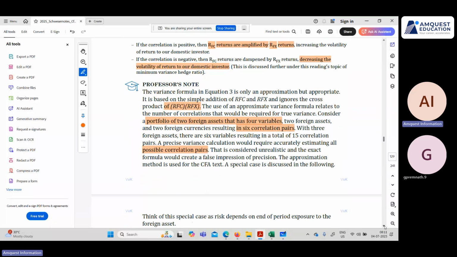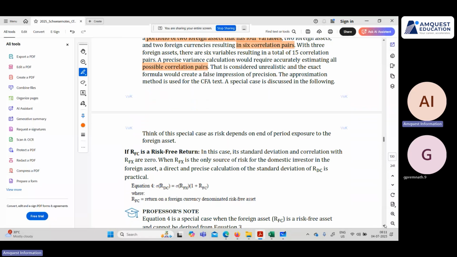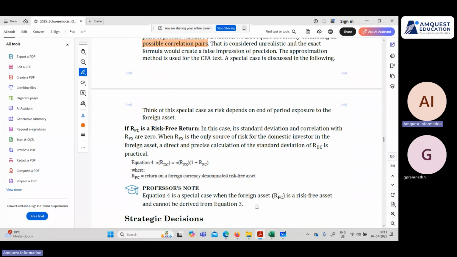And lastly it says that if RFC is a risk-free return, it cannot be derived from equation 3. So we cannot really put a plus or minus 1 and then get to this equation.